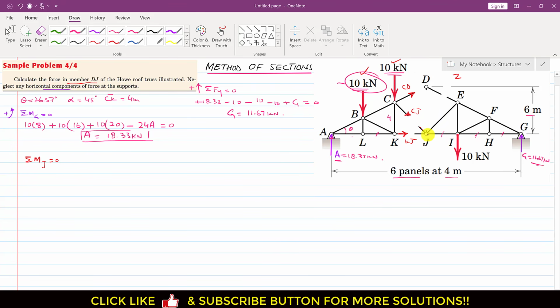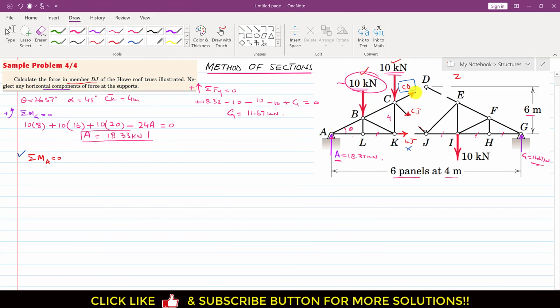Now if we apply the summation of moment about point A equals 0, we can see that the Kj member force is passing through point A, so it will not produce a moment about point A. The Cj force is producing a moment about point A, and the Cd force is passing through point A, so it will not produce a moment.